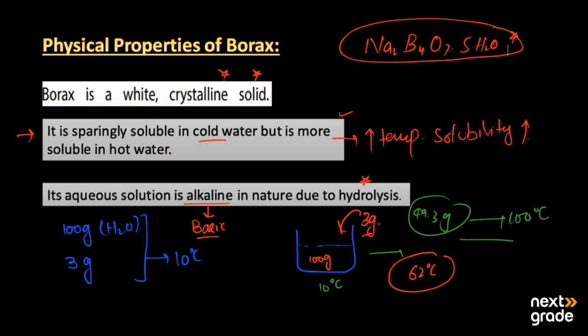If the temperature is below 62 degrees Celsius, then the decahydrate is formed. So at 62 we gain 5 water molecules, and below 62 we gain 10 water molecules along with the borax. So this is the main property of borax.